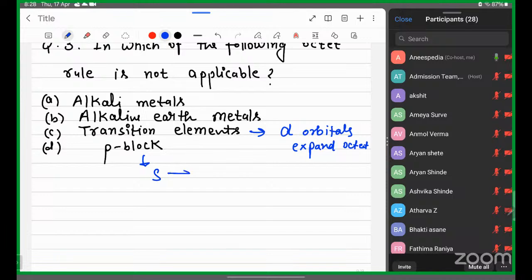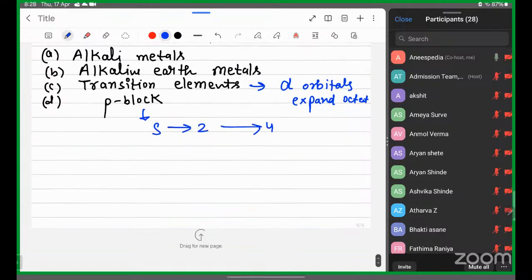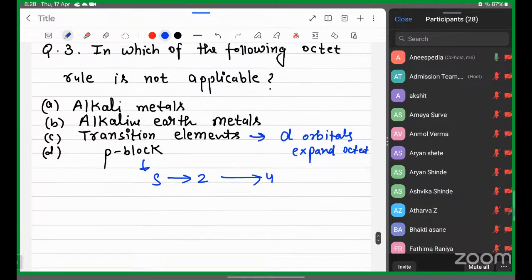Sulfur can form either 2 bonds or it can form 4 bonds. So the octet rule will not be applicable for some elements of p block as well as for transition elements. Understood or any doubt?